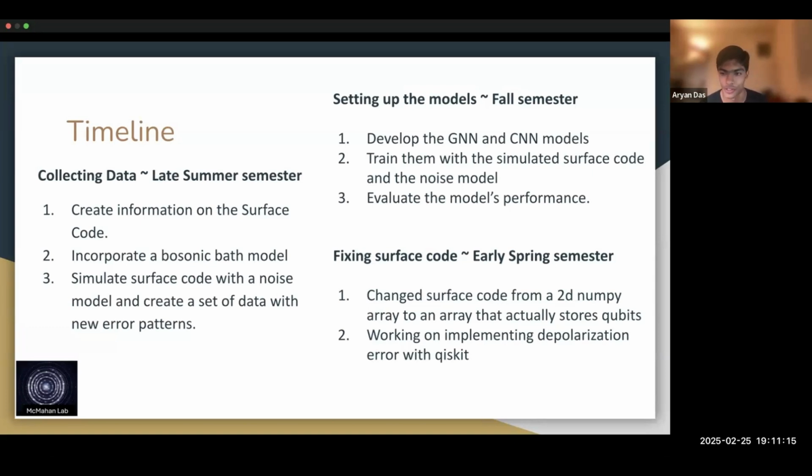It was really just an array of zeros and ones. So now we're working on using existing surface code implementations to simulate that error, and we're also working on implementing depolarization error and other error models with Qiskit.